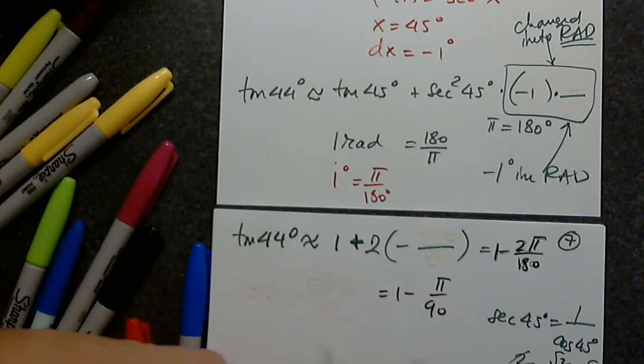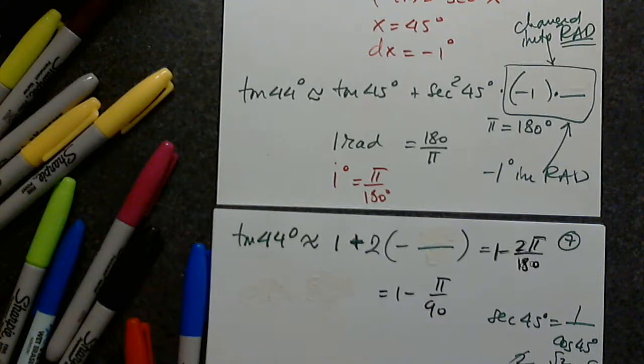And they have to be very close. Let's take a look now. So 1 minus pi divided by 90. You got 0.97 from that. So the tangent 44 is 0.965688, and what we calculate is 0.9650. 3 decimal digits. Quite good.